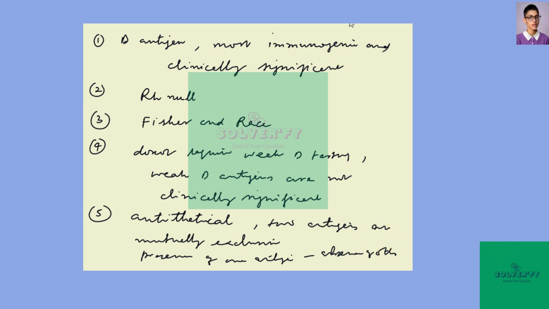For example, in the Rh blood system, antithetical antigens are D and d: D means the presence and d means the absence of the antigen. When D is present, d is absent. When D is absent, then d will be present.